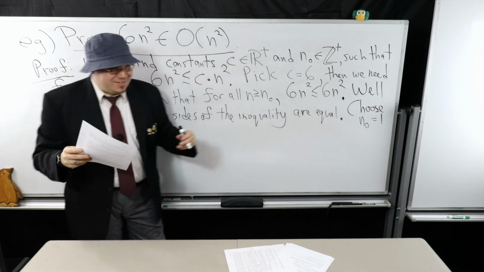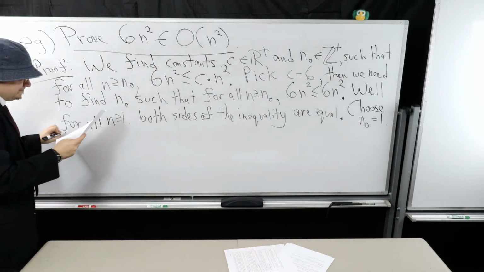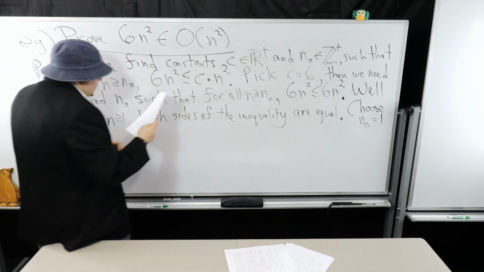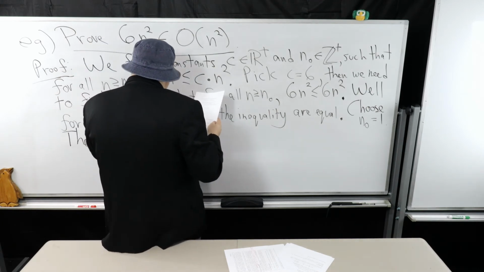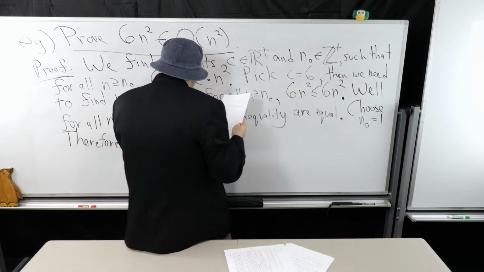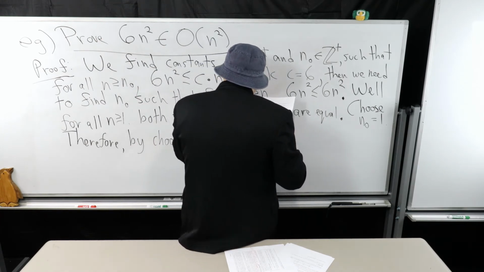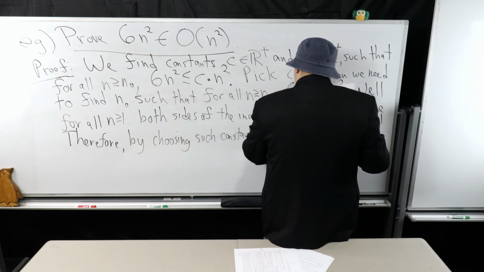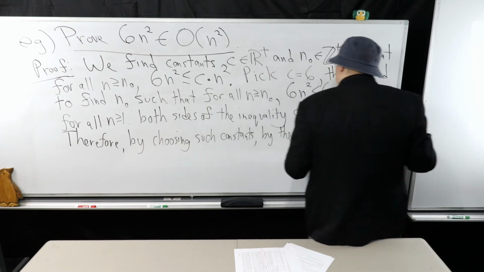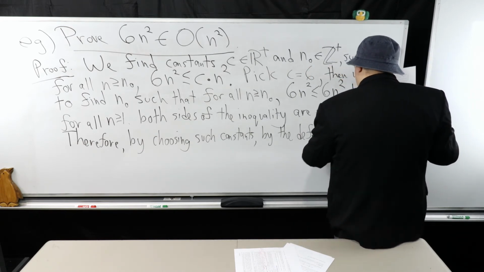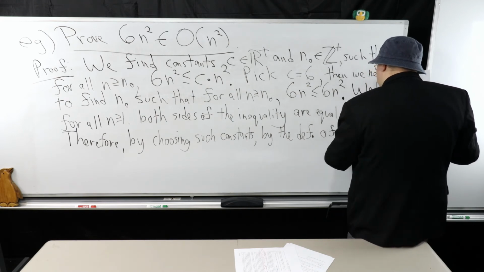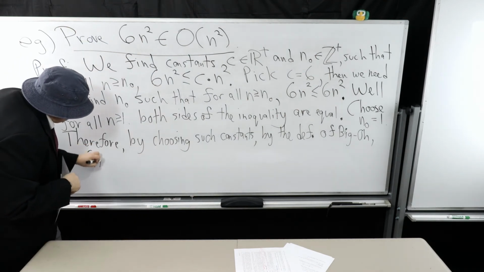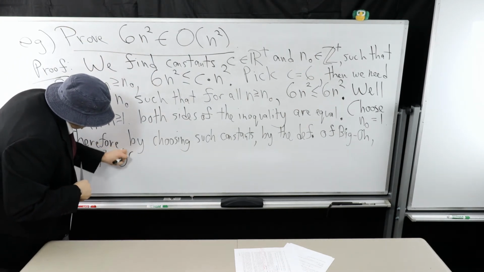Now I need to put this all together, right? I need to gift wrap the proof. Therefore, by choosing such constants, by the definition of big O, I'm just going to abbreviate definition with def of big O, 6n squared is big O of n squared.